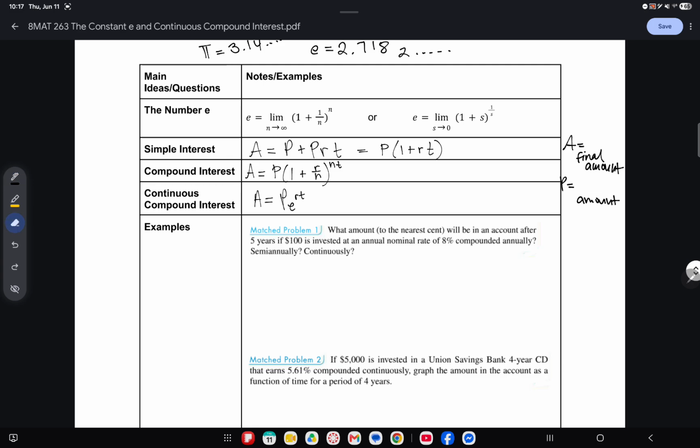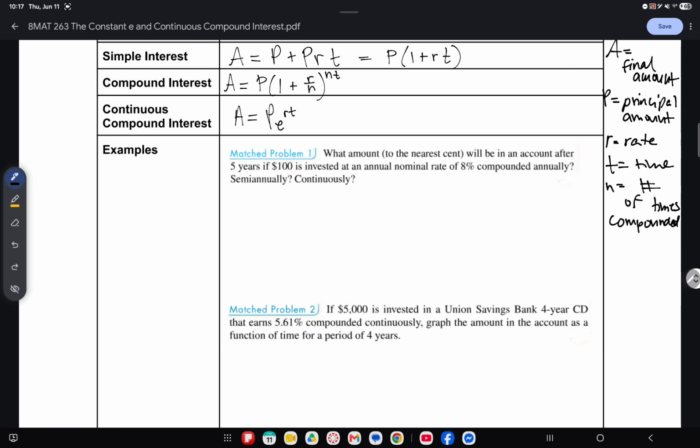R is the rate, T is the time, N is number of times compounded.